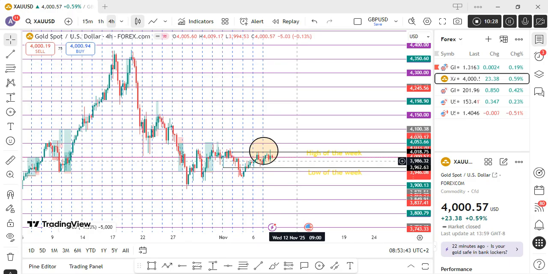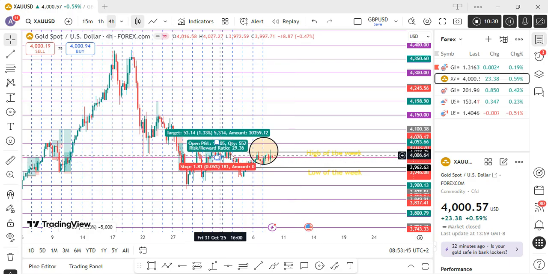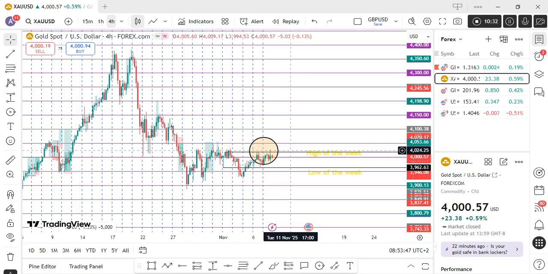If you look left as well, it's very important. And here I also have the high of the week, which is two of my four confluences. I can also clearly see an M pattern here, which is three of four confluences. So already I was going to position for a sell from my 15-minute time frame.